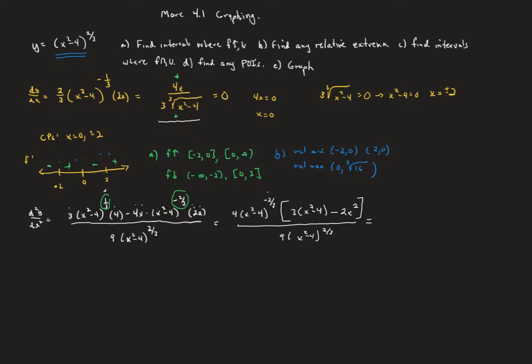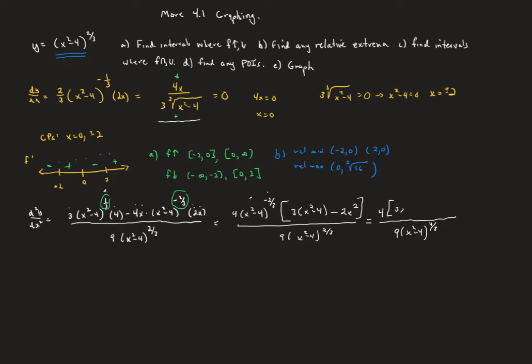This (x squared minus 4) to the negative 2/3 moves into the denominator and becomes a positive exponent, which adds to the (x squared minus 4) to the positive 2/3 that's already there. So that's going to become (x squared minus 4) to the 4/3. The 4 is still there, but that's not really going to make much difference. We're going to distribute and combine like terms in those brackets.